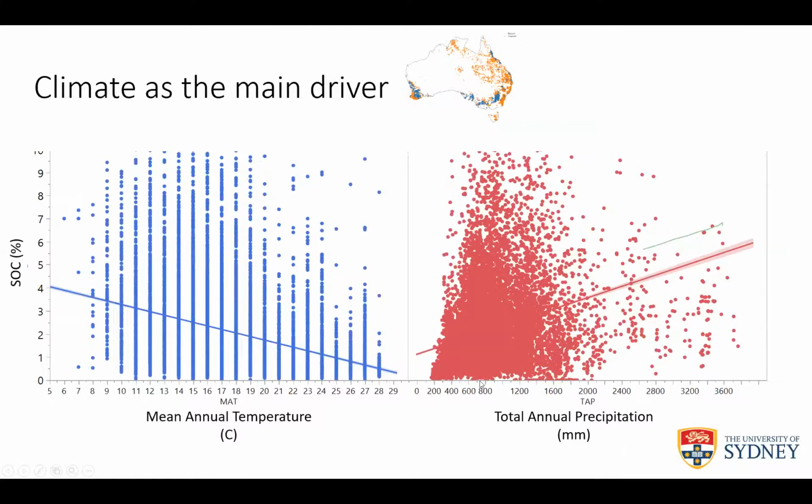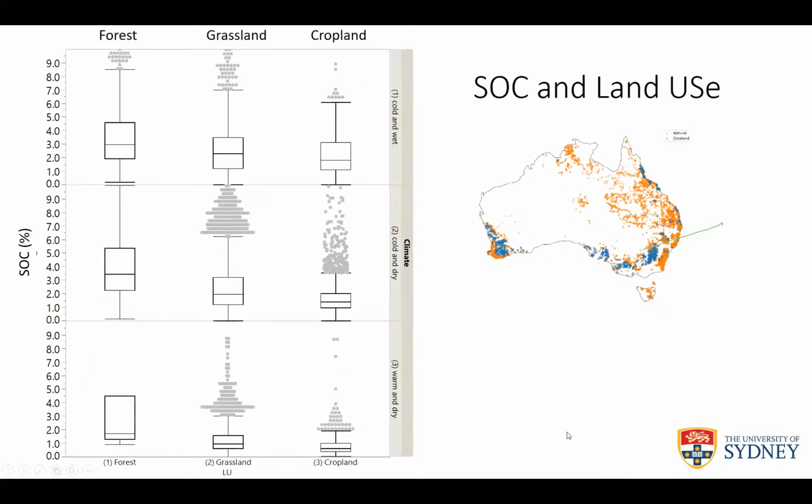Areas which receive lots of rain will likely have more carbon, because they have lots of vegetation and lots of biological product. Areas with higher temperature have more decomposition, right? So it's an interaction between temperature and precipitation.